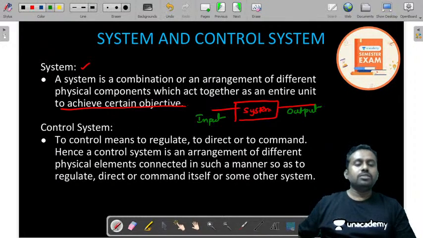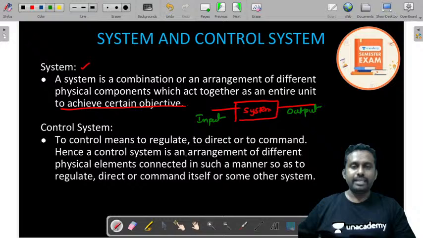To control means to regulate or to direct or to command. Hence, a control system is an arrangement of different physical components connected in such a manner so as to regulate, direct, or command itself or some other system.